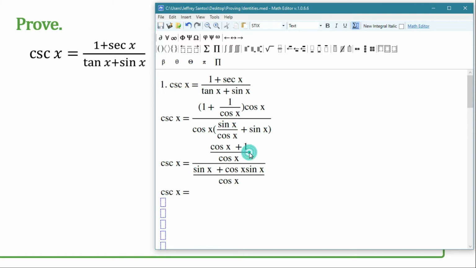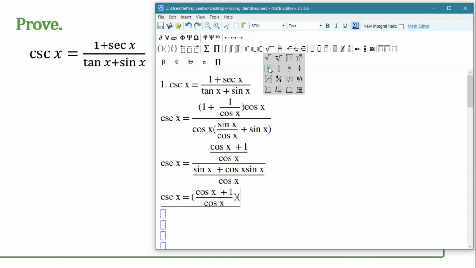Making this cosine of x plus 1 over cosine of x, multiplied by the reciprocal of the denominator, which is the cosine of x over the sine of x plus the cosine of x sine of x. Okay?